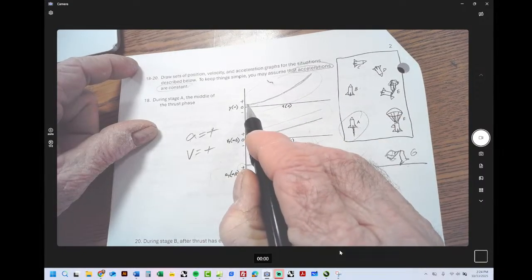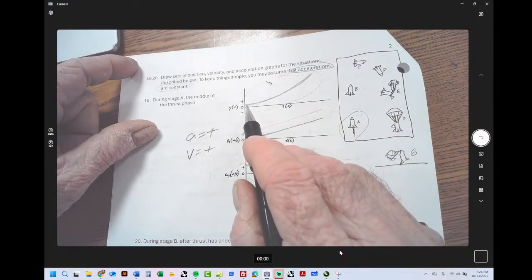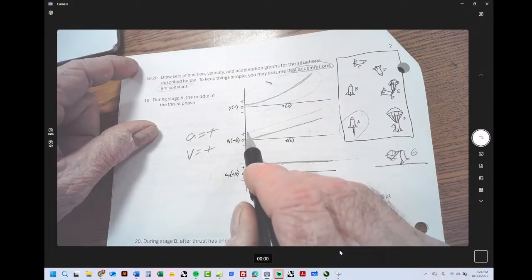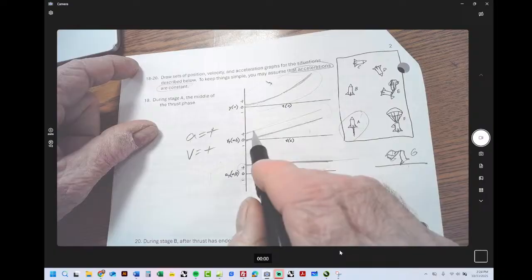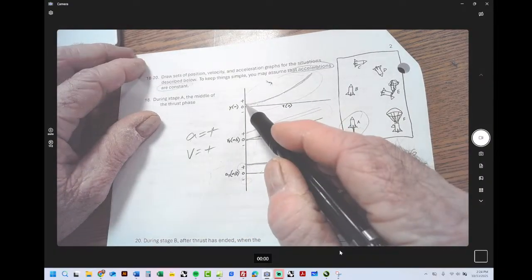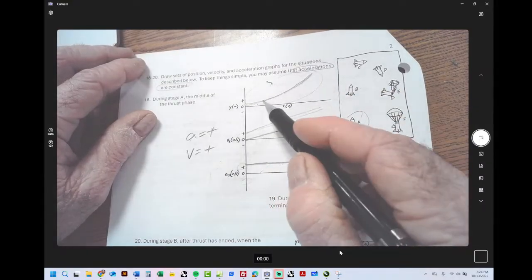So positive slope getting bigger. And I'm not going to split hairs over whether it looked like that was 0 in the beginning, it should have been here. This and this would have been okay. But what you do need is an upward curve because the slope should be increasing.